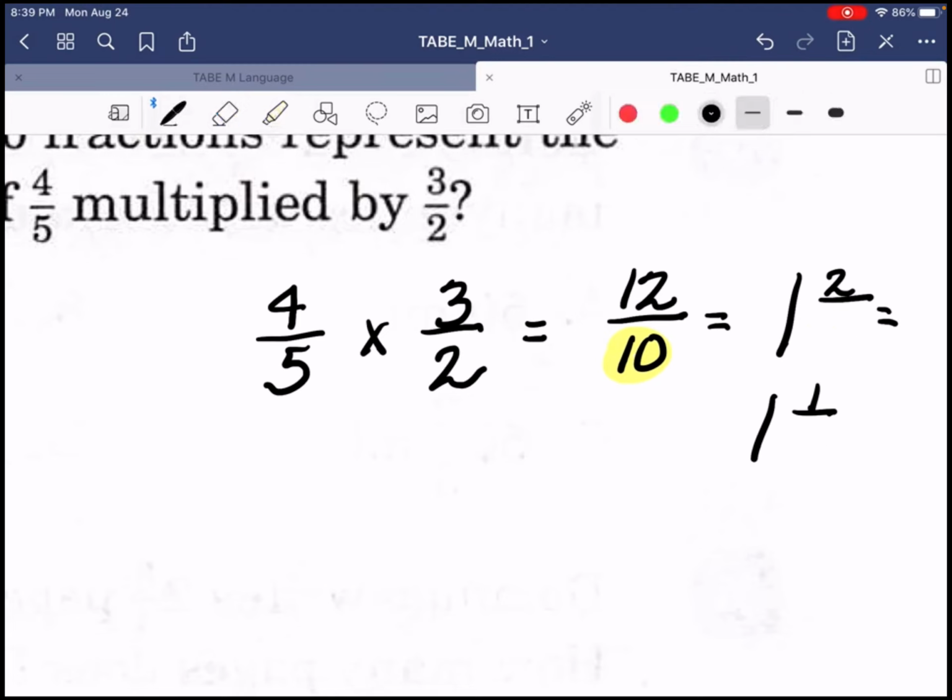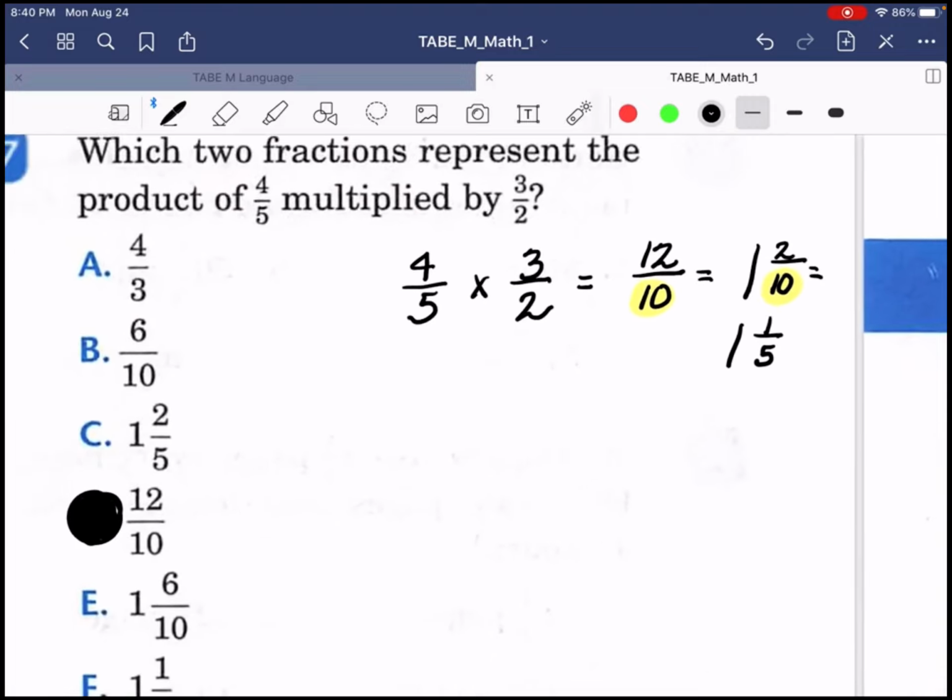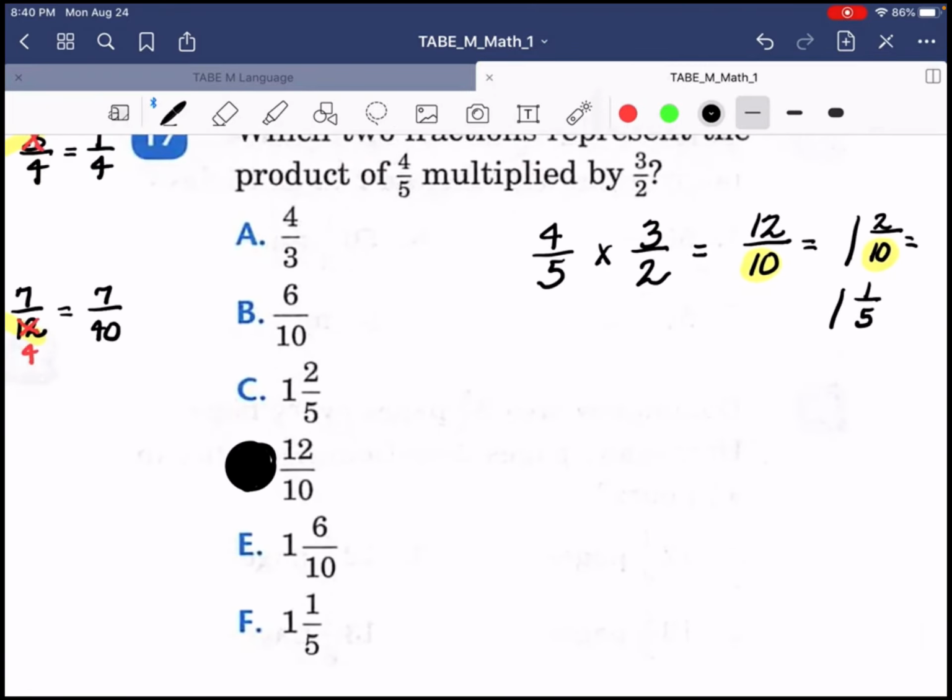And it's going to be 1 2/10, which changes that bottom one to 1 1/5. And that will make a difference. 12/10 or 1 1/5.